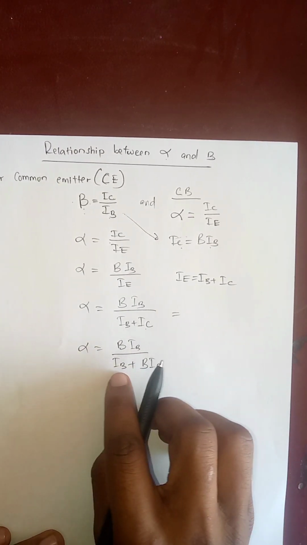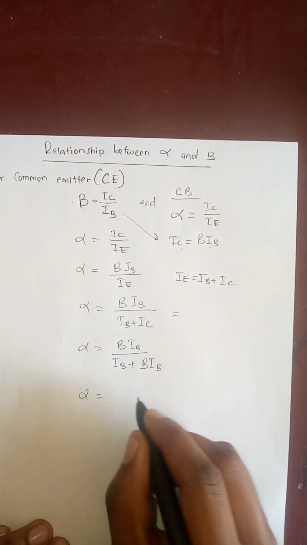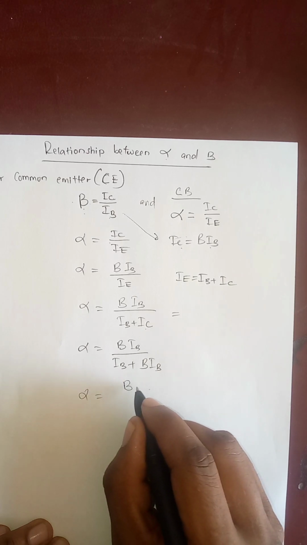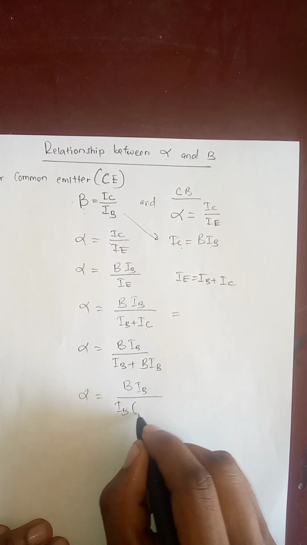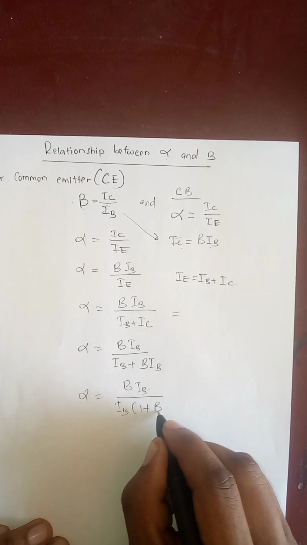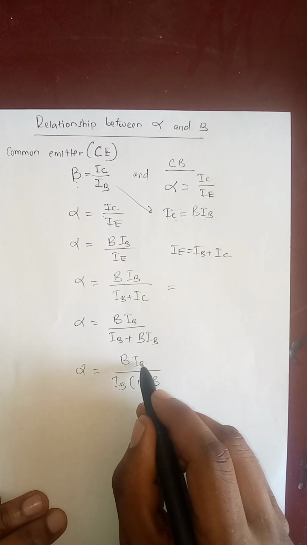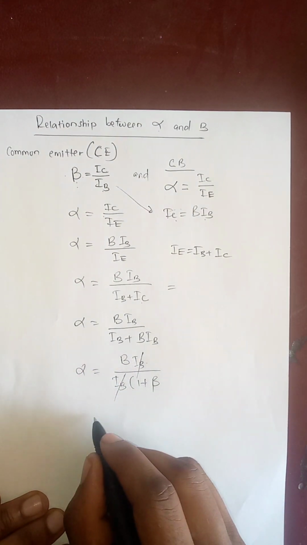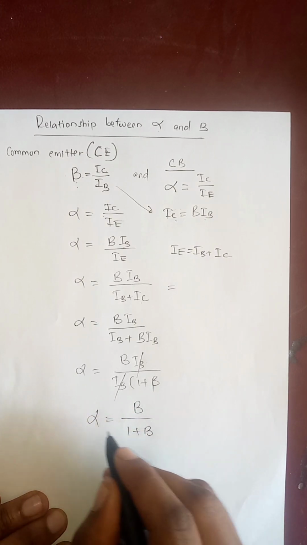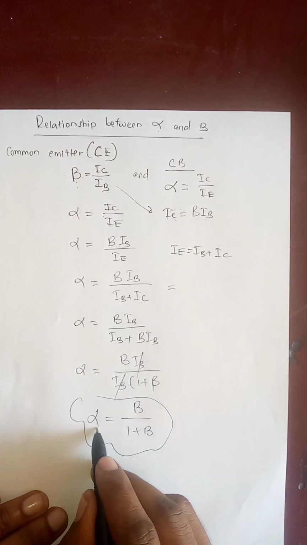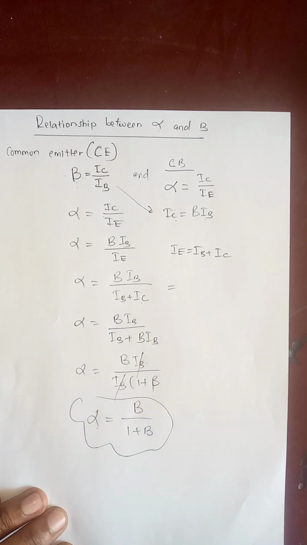Now I base is common, so alpha is equal to beta I base over I base times 1 plus beta. Now you can see I base and I base will cancel. So alpha is equal to beta over 1 plus beta. So this is the relationship between alpha and beta.